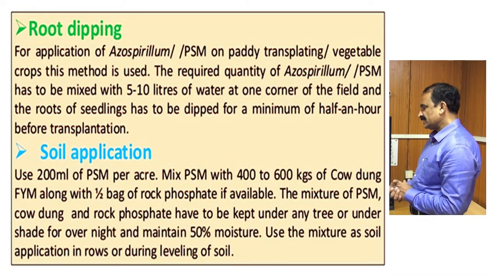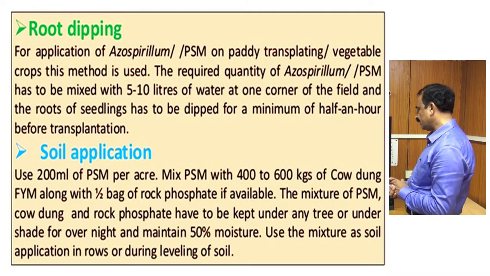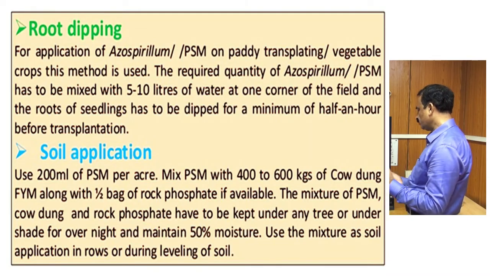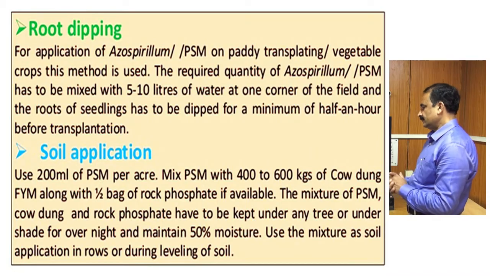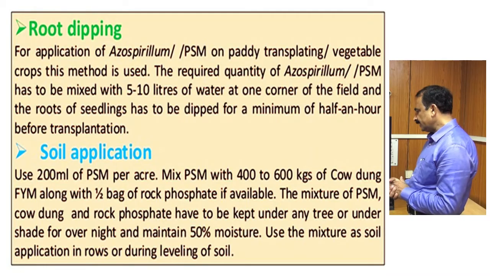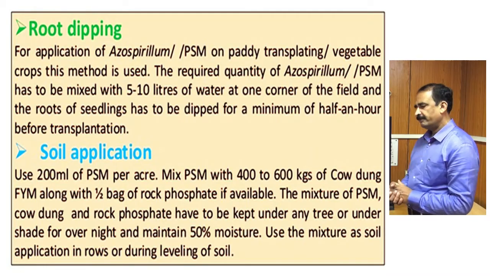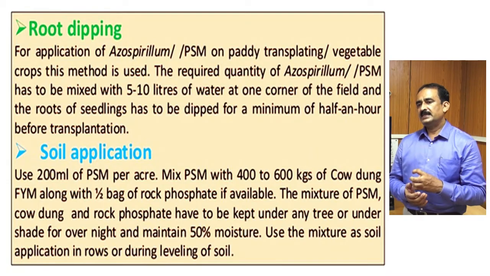The mixture of the PSM with the cow dung and rock phosphate has to be kept under a tree, or a shed, or any such condition overnight, maintaining 50% moisture. Why overnight? Because the cells are dormant in the liquid biofertilizer.